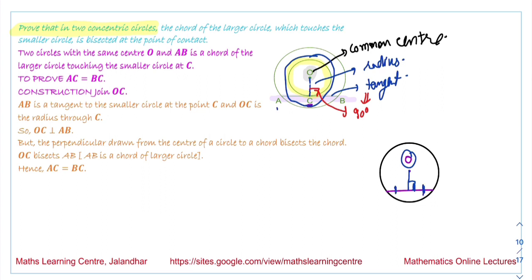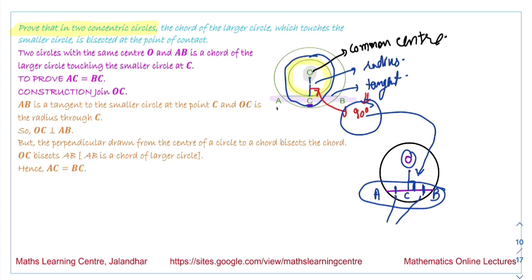This is what we have to prove, that length AC will be equal to length BC. So we are using two results over here. For the smaller circle, AB is the tangent, so this angle is 90 degrees. For the larger circle, AB is the chord and this angle is 90 degrees. So both these lengths AC and CB are equal. That is, C is the midpoint of AB. And this is what we have to prove.